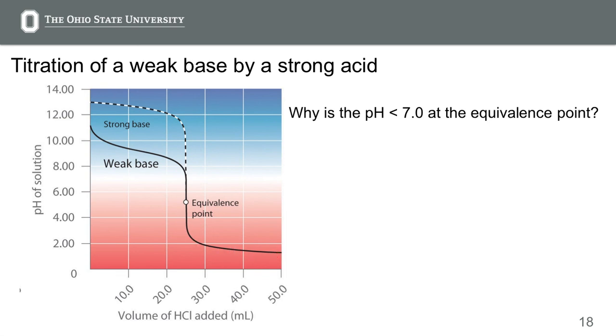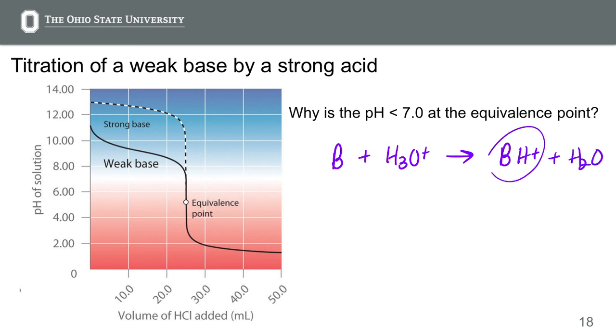Okay. Why is the pH below 7 at the equivalence point? We know we're going to react our base, B, with H3O+ or H+, however you want to write that, to form BH+ and H2O. But this is a weak acid, and it's going to have an equilibrium with water.